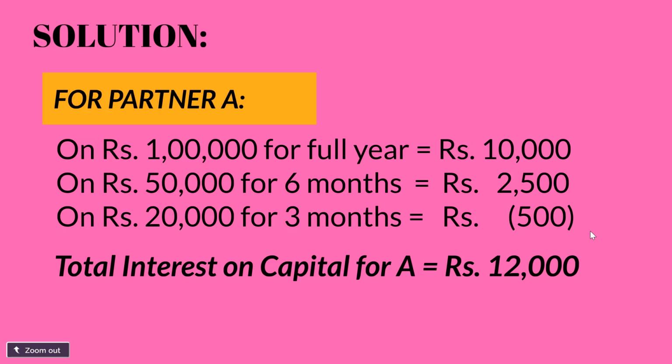And the 3 months we arrived at because on 1st January 2019 it was withdrawn up to 31st March 2019. So it's rupees 10,000 plus on additional capital 2,500 minus on the capital withdrawn rupees 500. Therefore interest on capital for A is rupees 12,000.